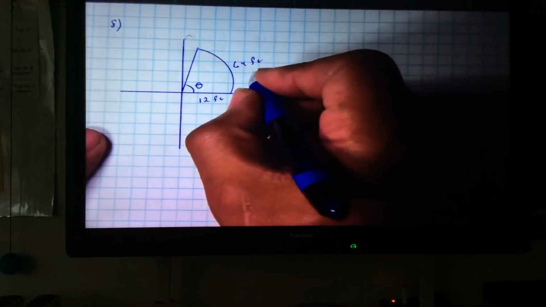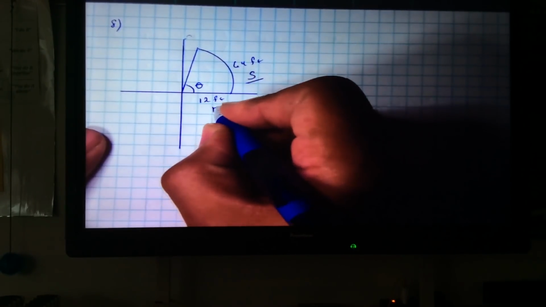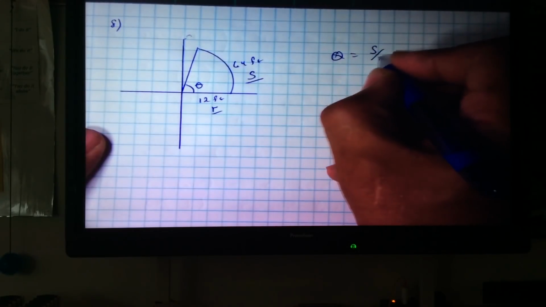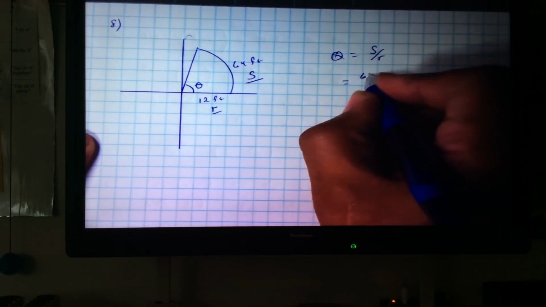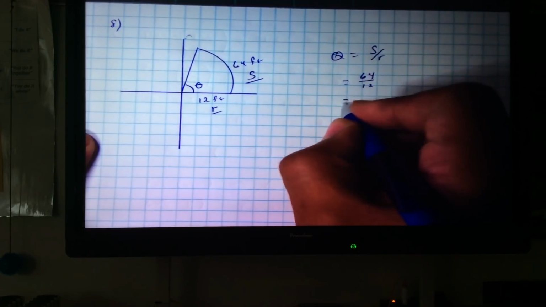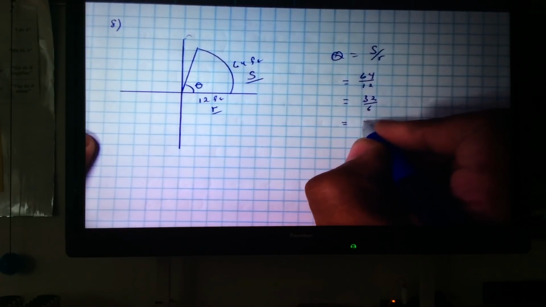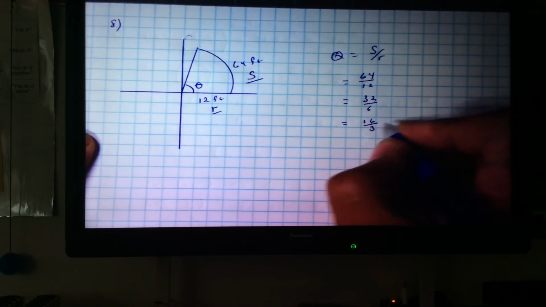This radius here, not to scale by the way, is 12 feet, and this arc length is 64 feet. Now this is S, this is R, and theta is equal to S divided by R. So theta is going to be 64 over 12. We can reduce that to 32 over 6. We can further reduce this to 16 over 3 radians.